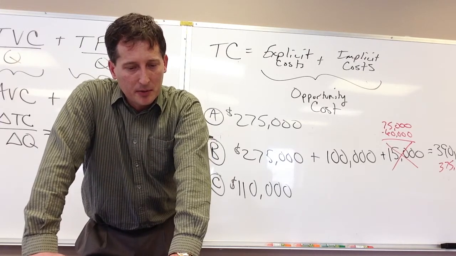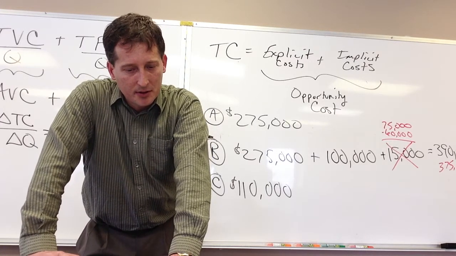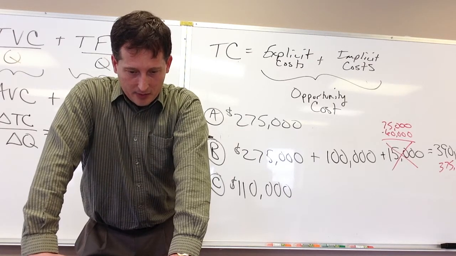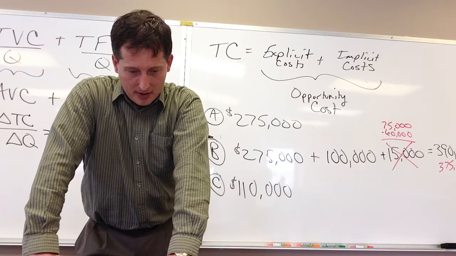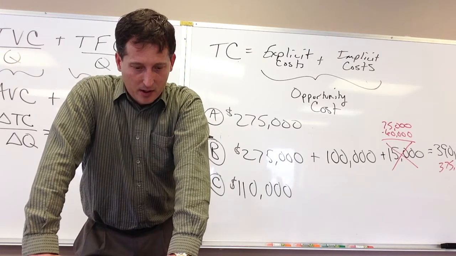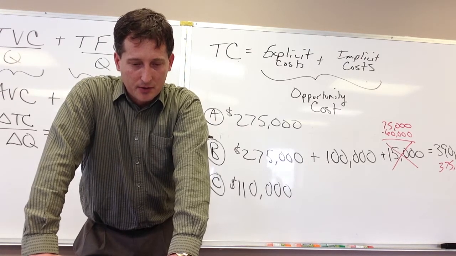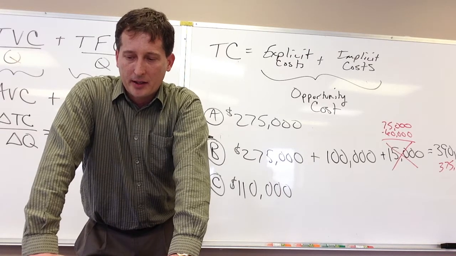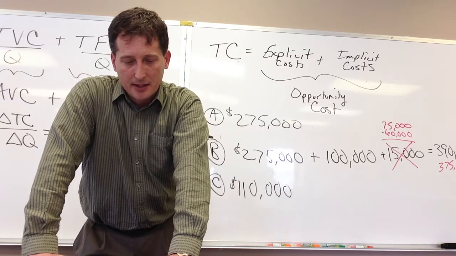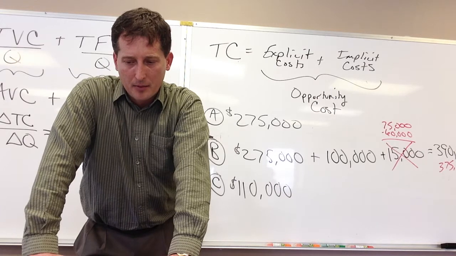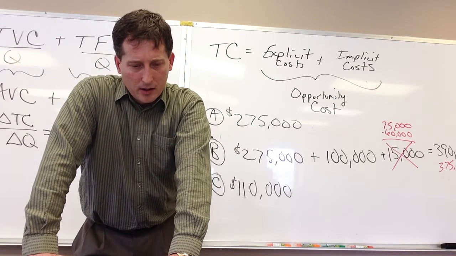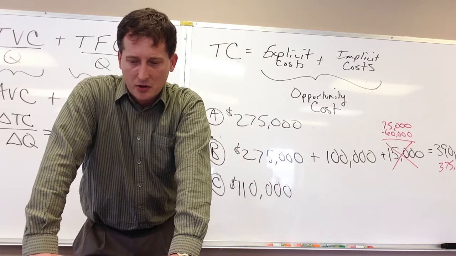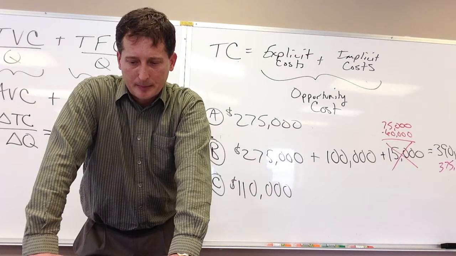The table below shows the output of strawberries measured in truckloads, which varies with the number of workers hired. Calculate the marginal cost of 1 to 5 truckloads. So I don't want to do the whole thing here, but let's do the marginal cost. Oh, I suppose up to 3. Let's just truncate this to 3.